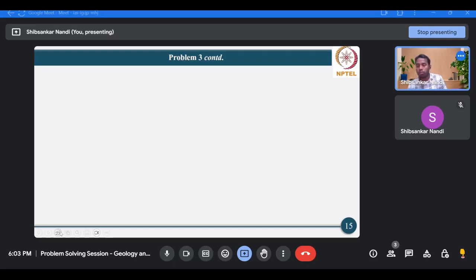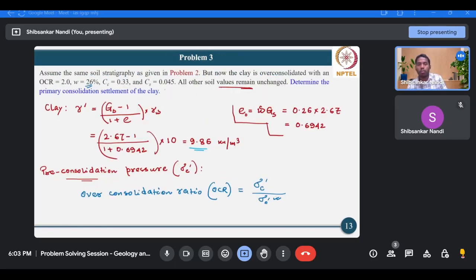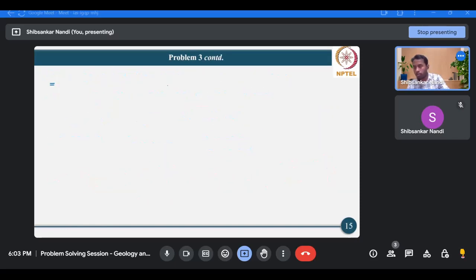Your Cs value is given as 0.045, so 0.045 divided by 1 plus e0.